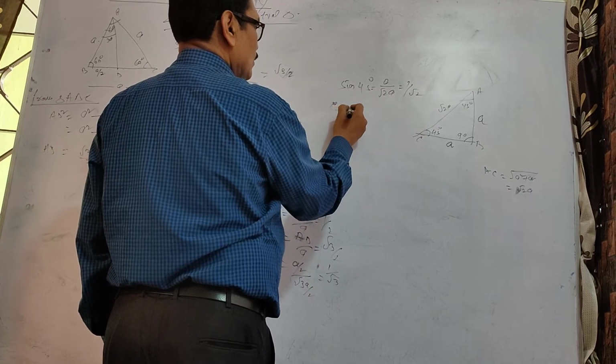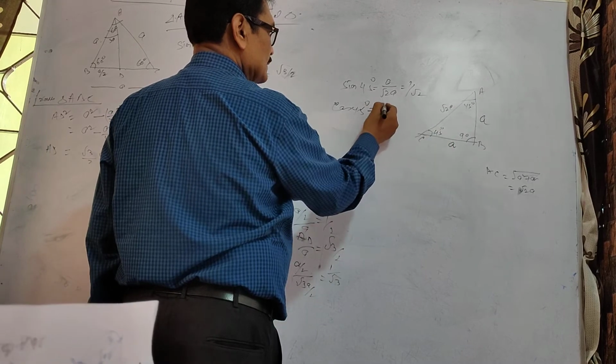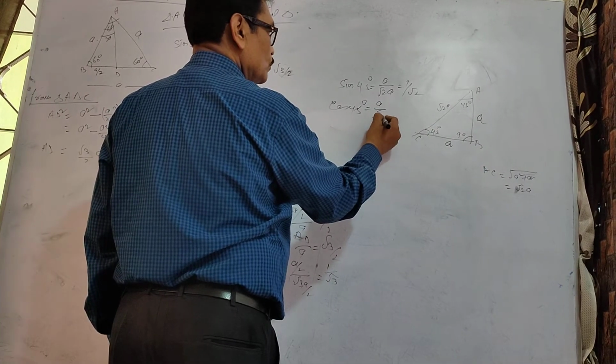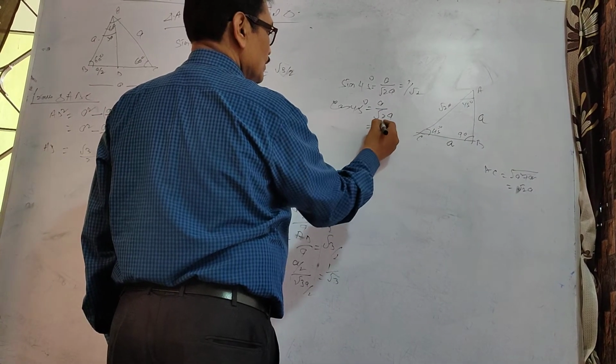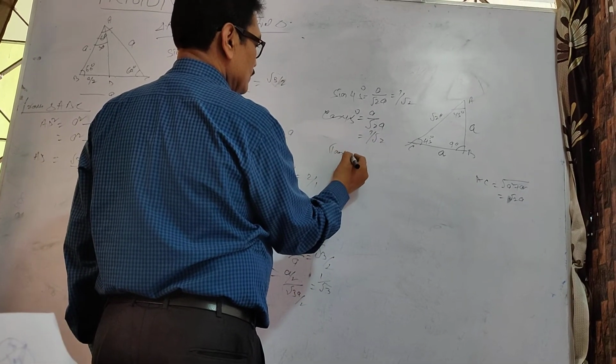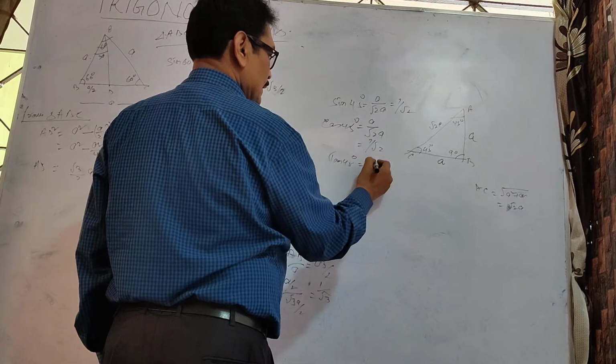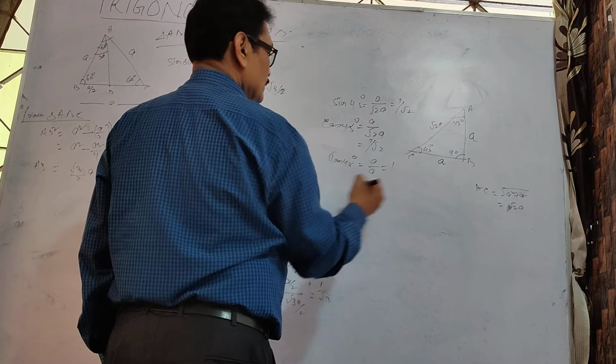We can write cos 45 degree is equal to base upon hypotenuse, A upon root 2 A. So this is also 1 by root 2. Again, tan 45 degree is equal to perpendicular upon base, A by A. This is 1.